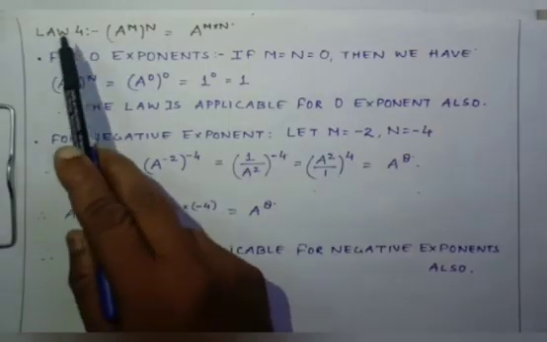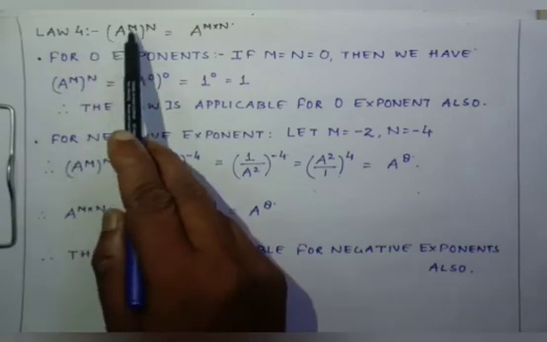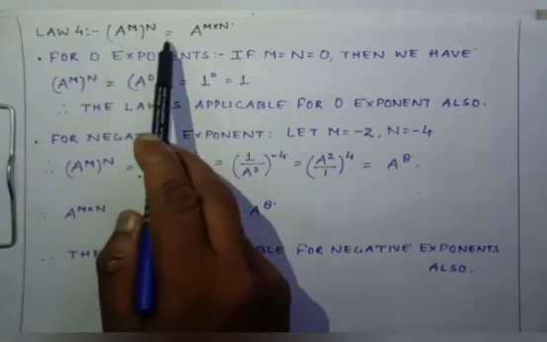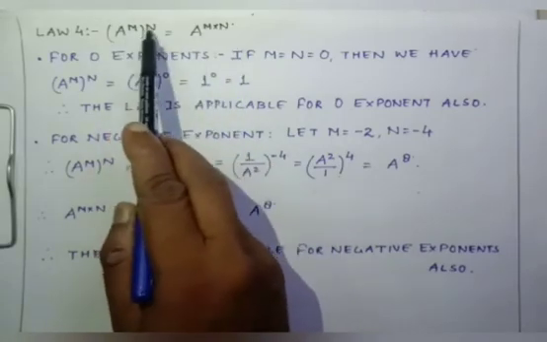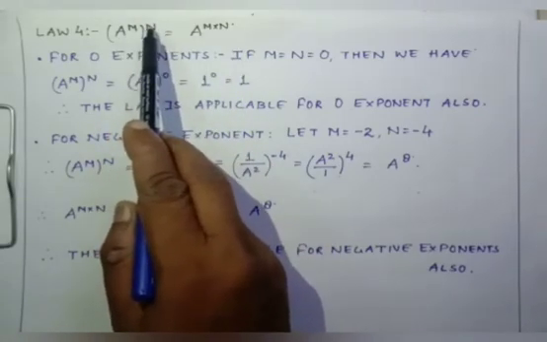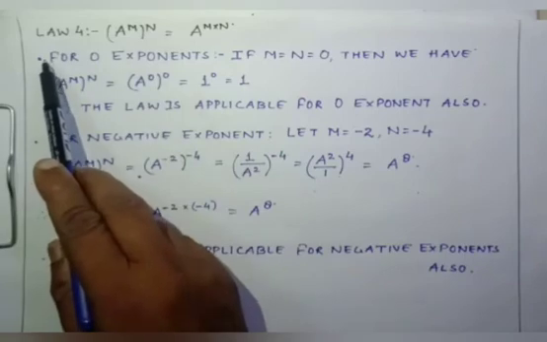Let us come to the fourth law, that is a to the power m to the whole power n is equal to a to the power m into n. Over here both the powers will be multiplied. Let us see the first rule.